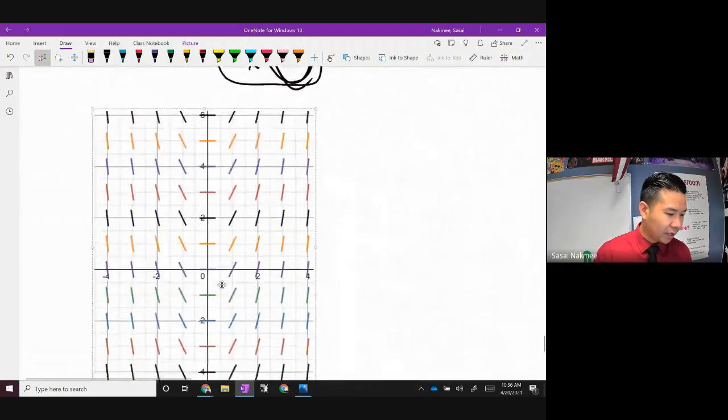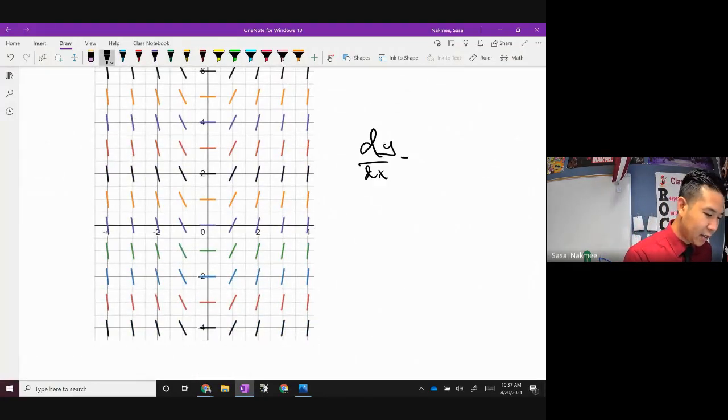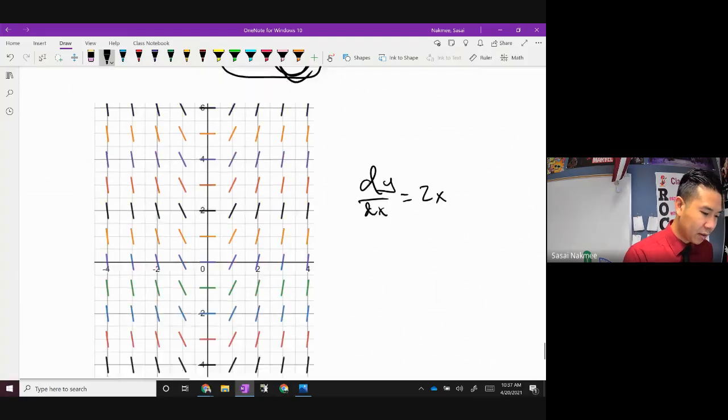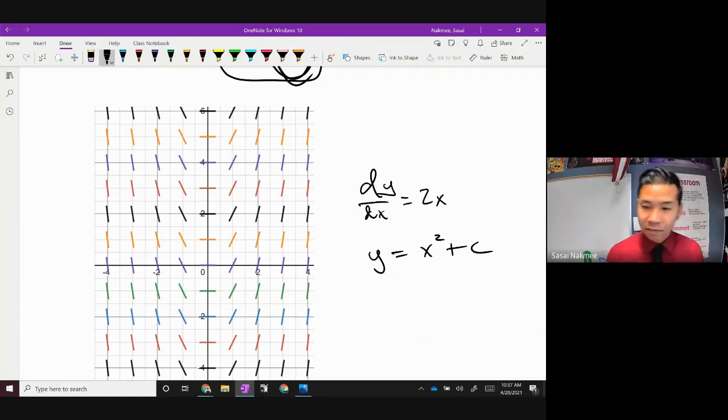So if I know that the derivative, dy dx, is equal to 2x, we have some general idea that the original function is going to be x squared plus c, because if you take the derivative of x squared, we get this.